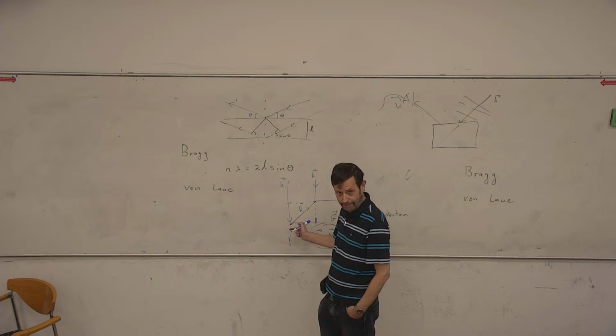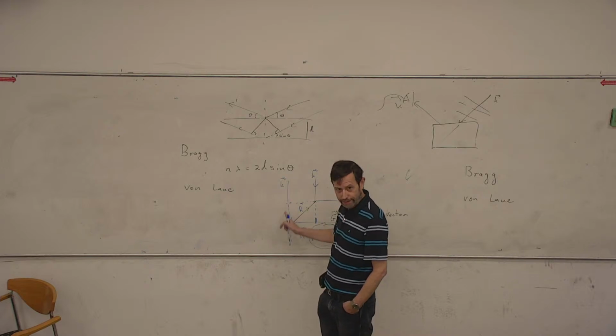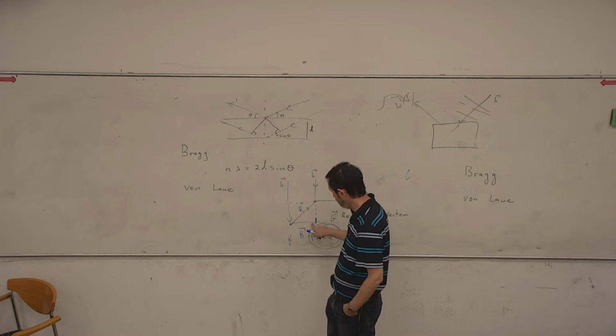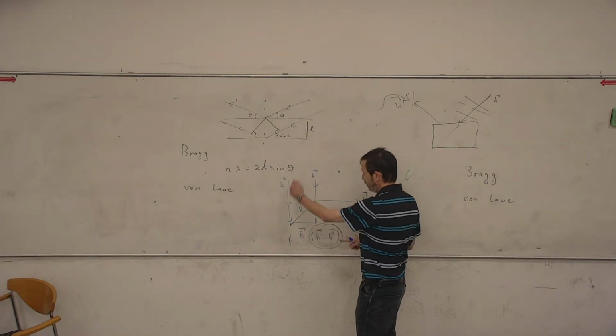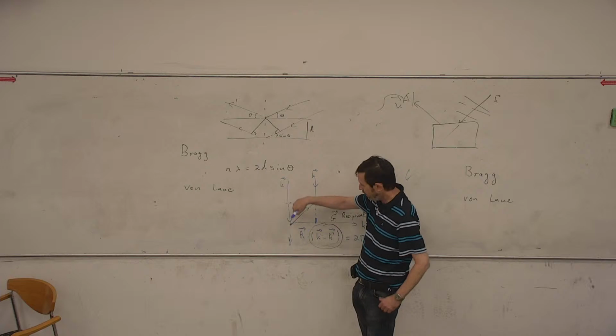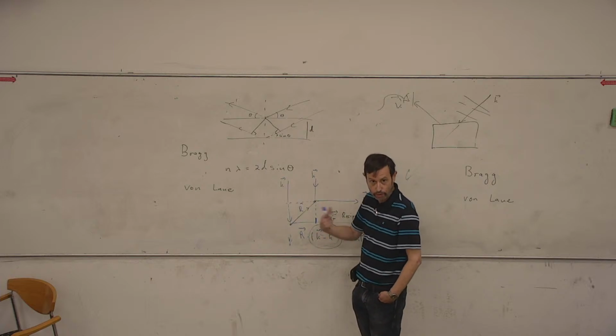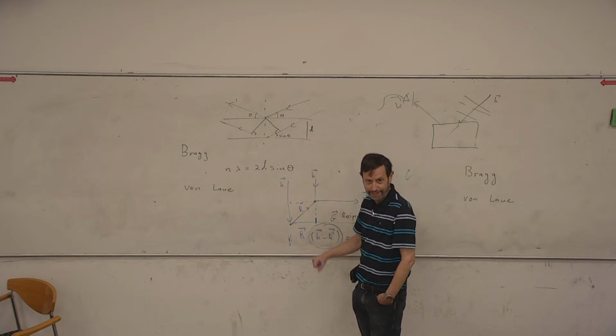So k dot r is this projection, k prime dot r is this projection, and they are in opposite directions. This is incoming, this is outgoing, so it has to be one minus the other.